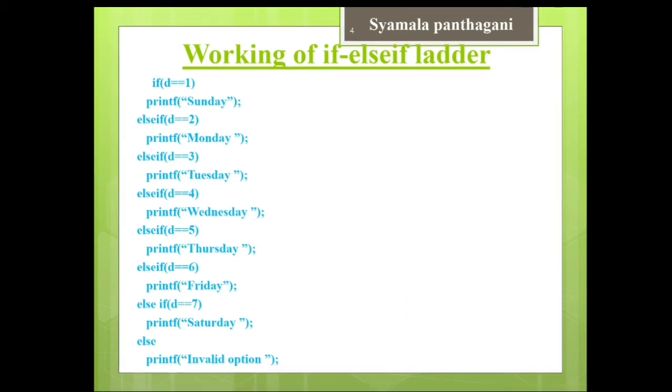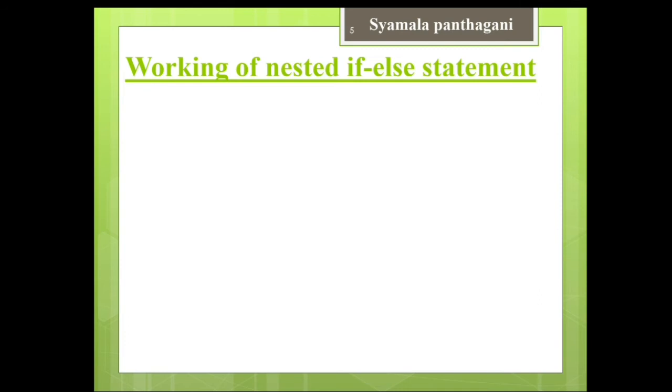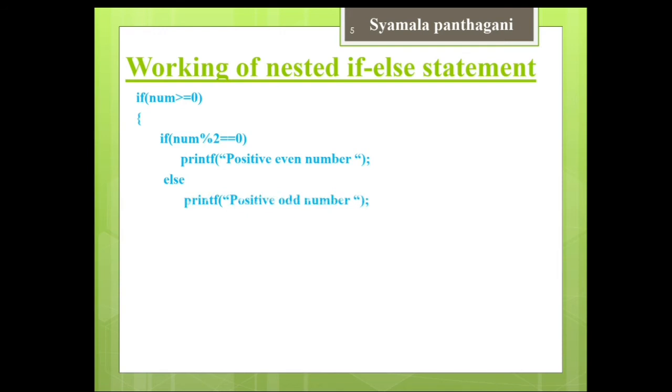Now, the next one is working of nested if else statements. For example, if num is greater than or equal to 0, open brackets, if num mod 2 is equal to 0, printf positive even number, else printf positive odd number, else printf negative number.